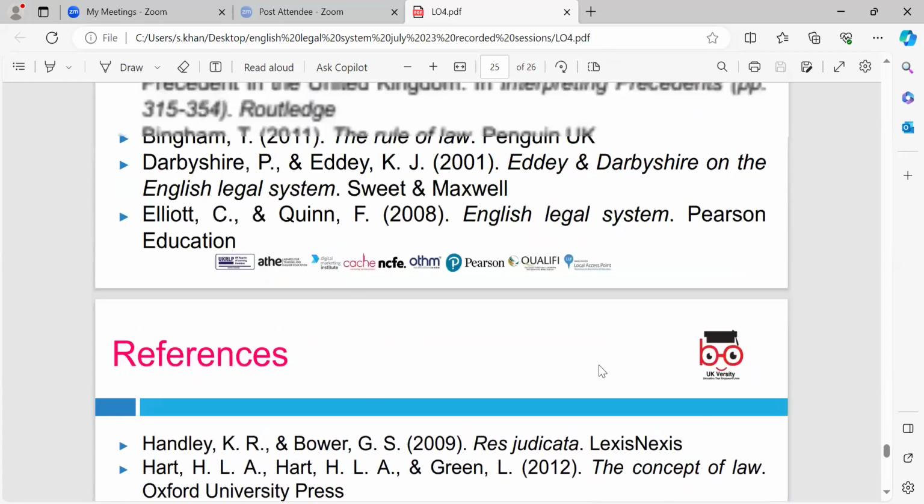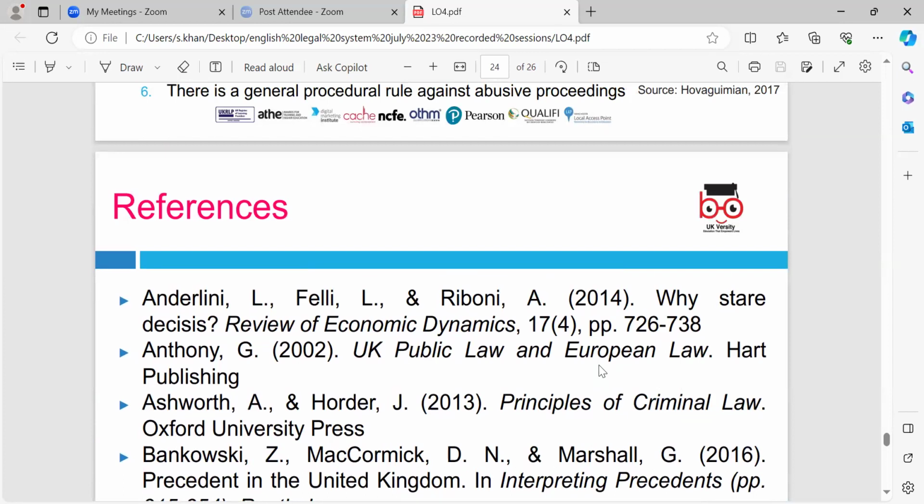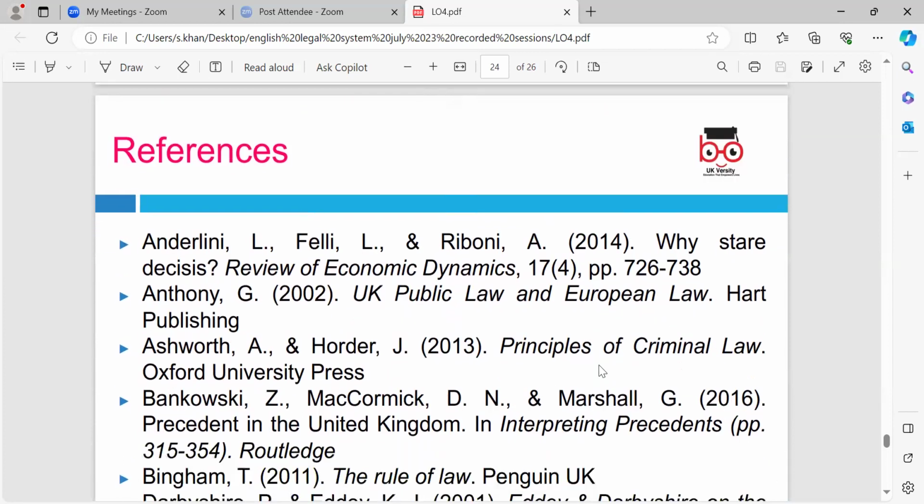There is additional reading and additional cases on Moodle that you need to go on to read around the issue in regards to judicial precedent, and also the elements such as obiter dicta, stare decisis, and the importance of judicial precedent in English law.